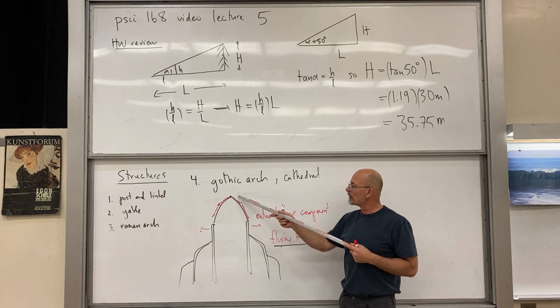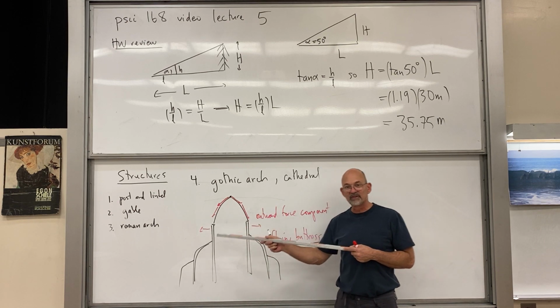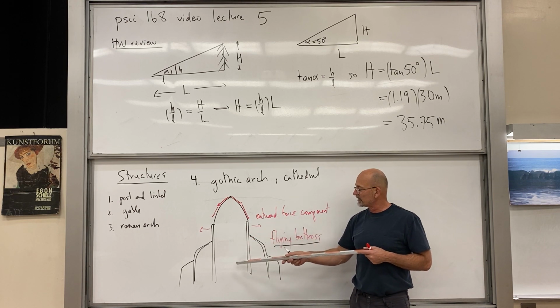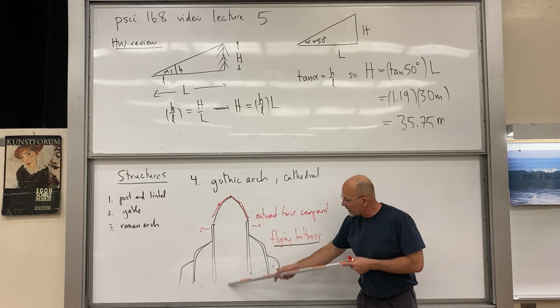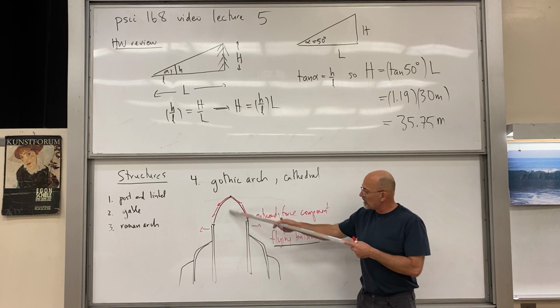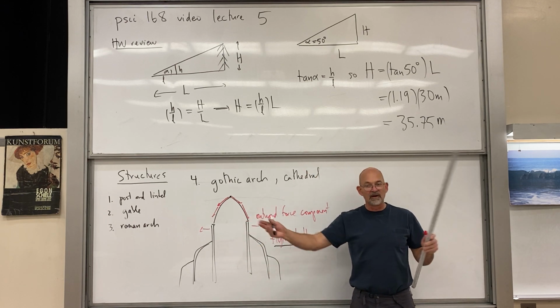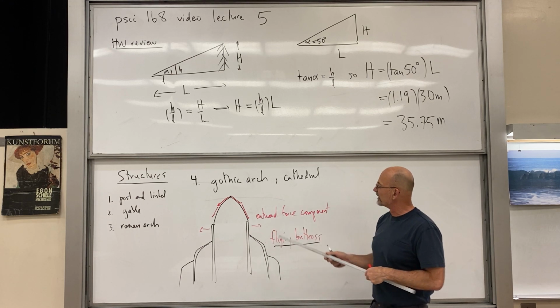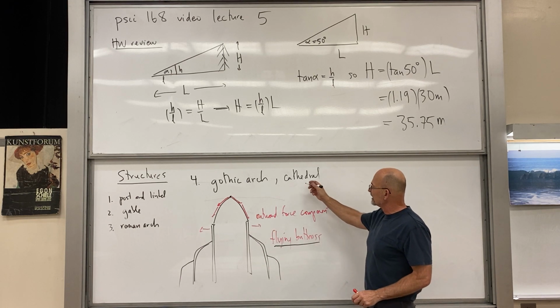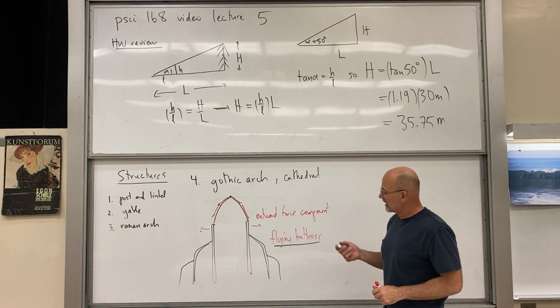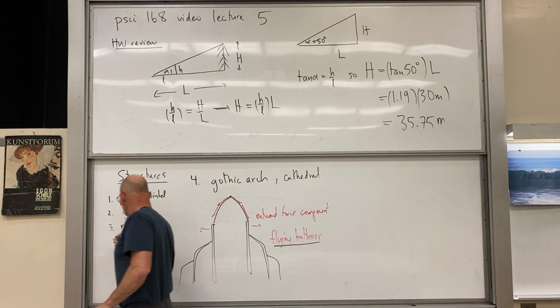And now that you know about forces and compressions, you're going to see what the principle was to have a roof over this giant inner hall and not have the walls fall out. So the Gothic arch and the cathedral, we keep a little list here.